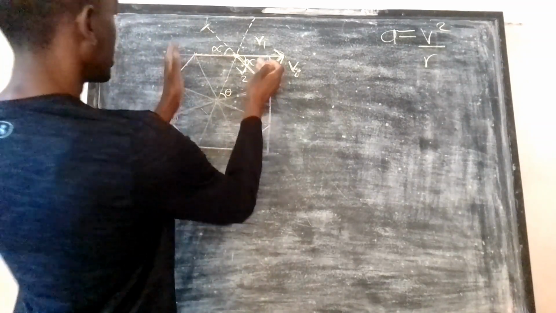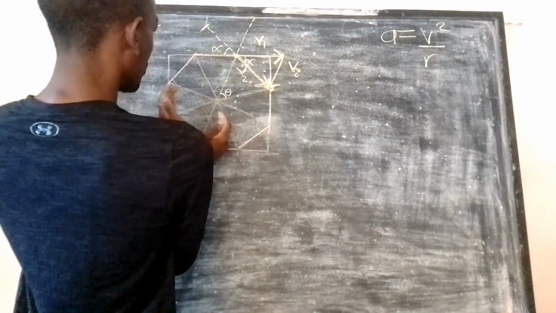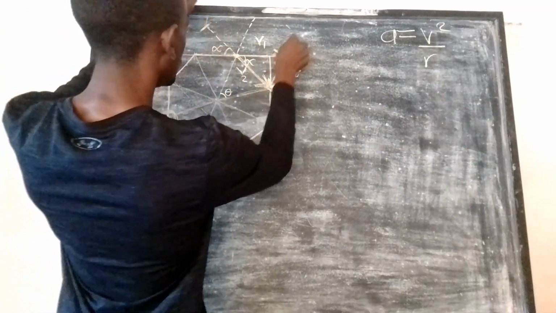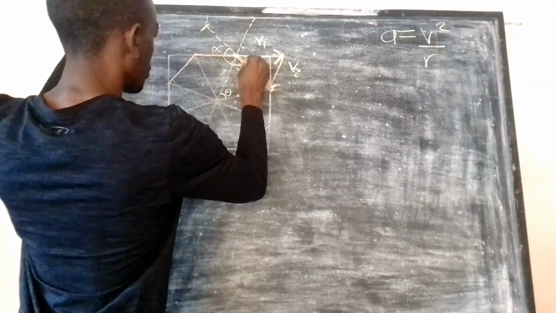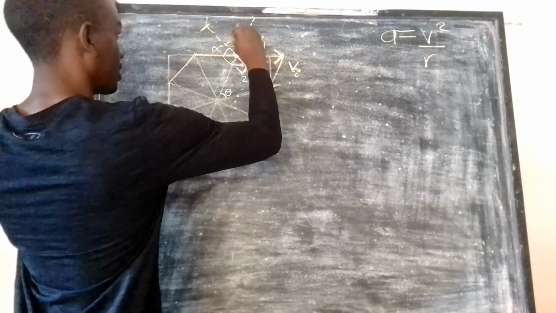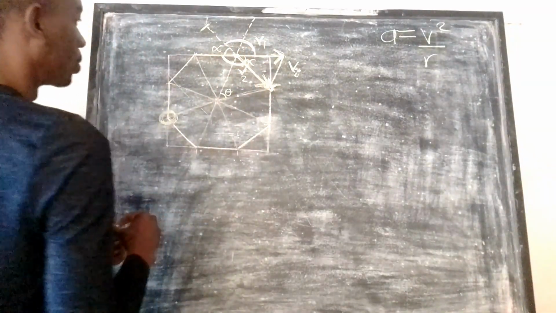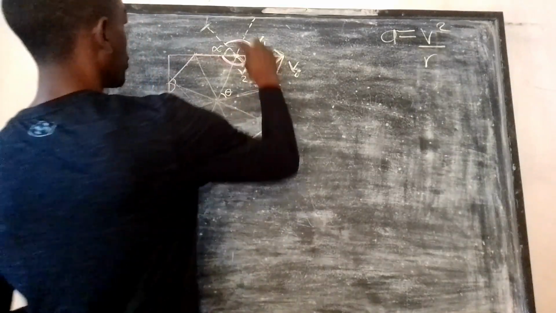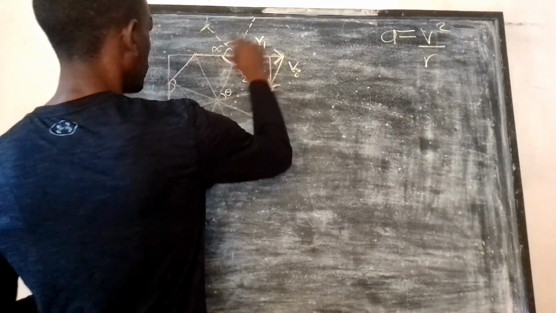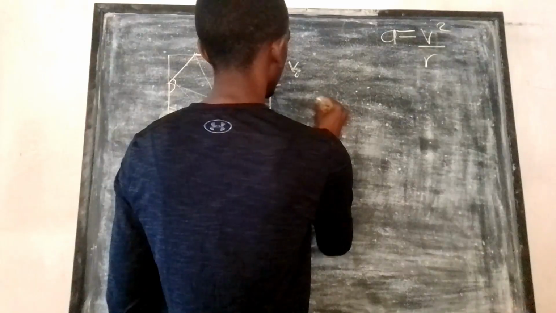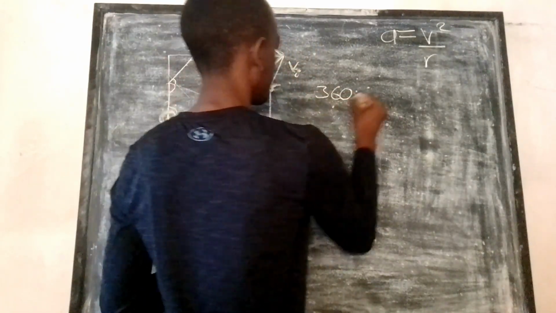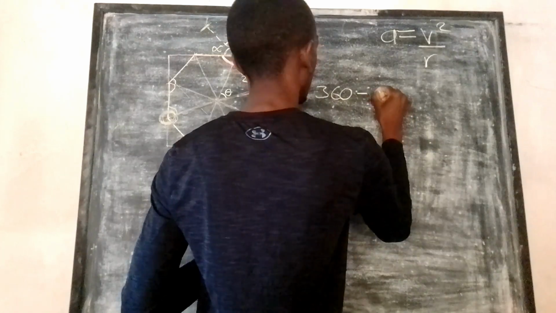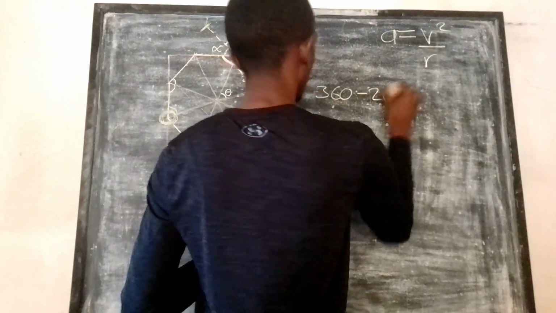Now notice that if this shape over here is similar to the other shape you could form over here, this angle over here and this angle are equal. Now the total of these two angles over here is what? It is 360 minus 2 alpha.